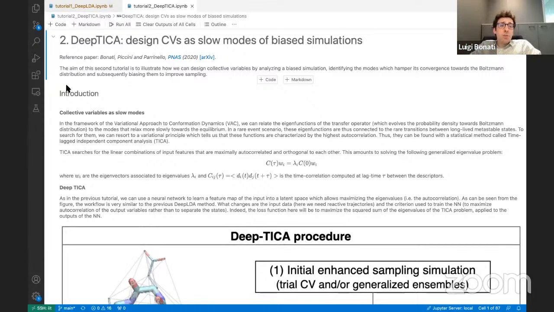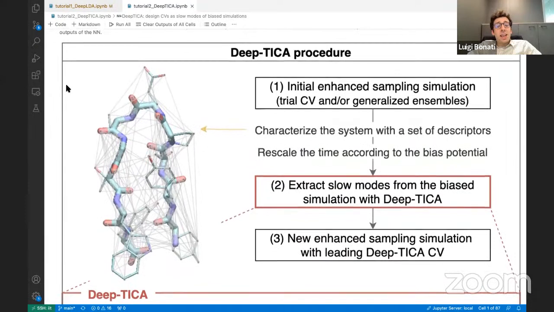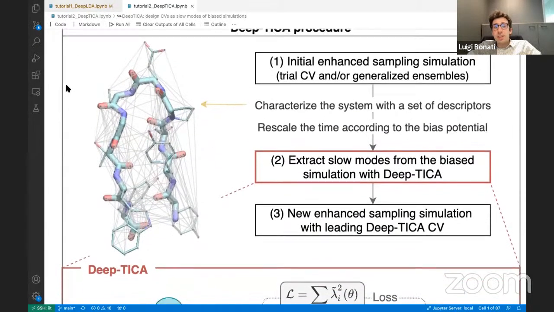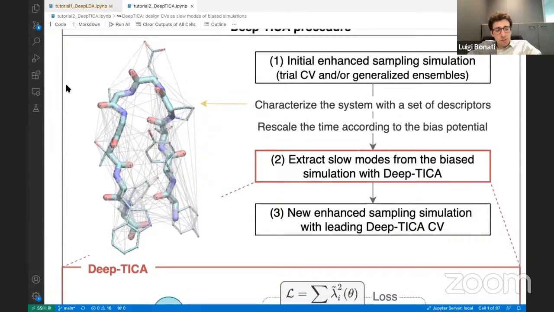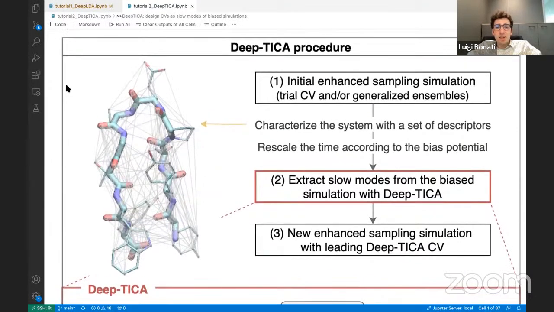Well, what's illustrated here in this second tutorial is we can analyze an enhanced sampling simulation, and we can extract the slow modes of this biased simulation using this variational approach to conformation dynamics, and in particular here we are using this deep TICA approach.